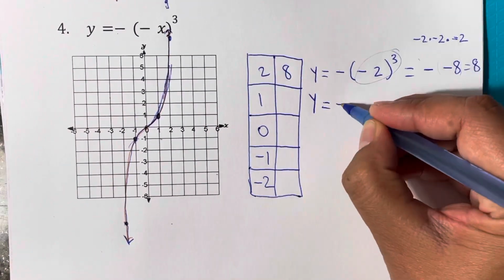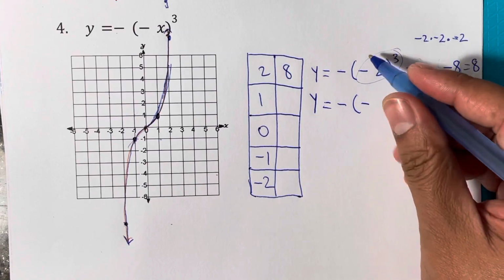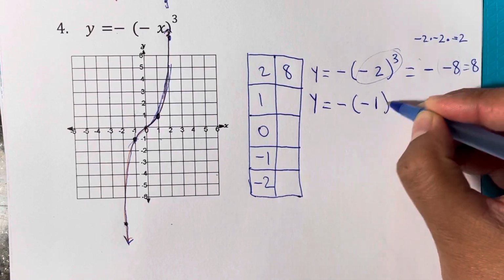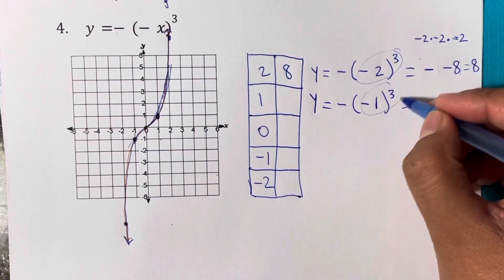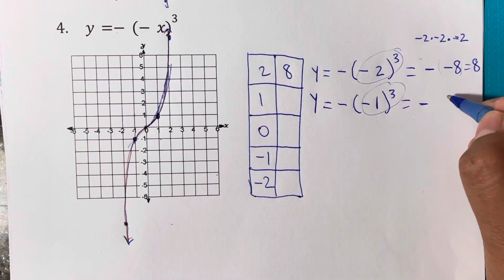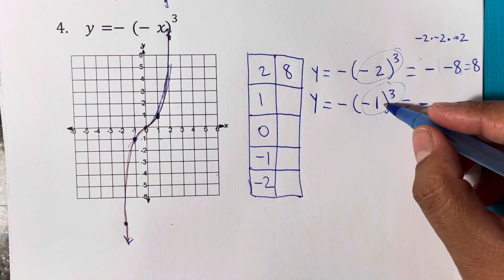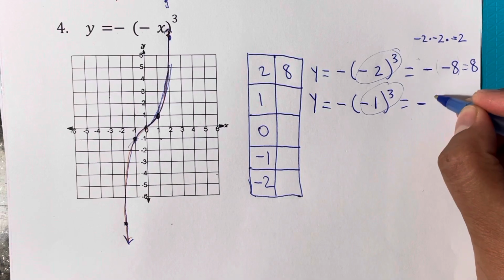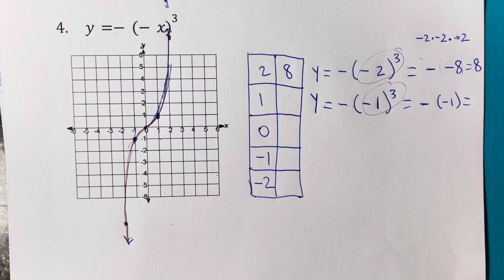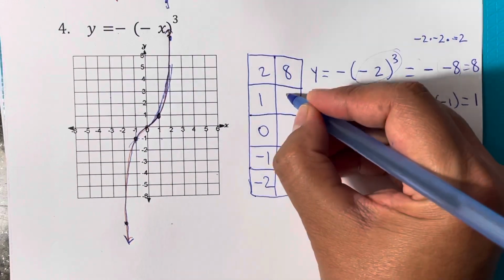y is equal to negative, from here, and then the x is negative 1 cubed. Again, raise this to the third power first, just bring the negative over. Negative 1 times negative 1 times negative 1 is negative 1. Multiply, negative times negative is positive 1.